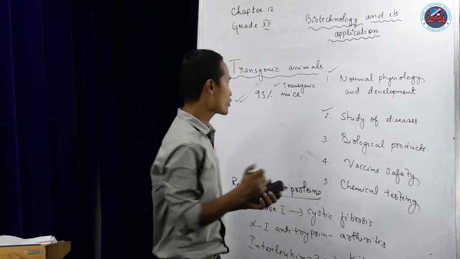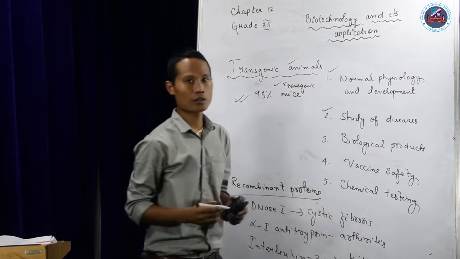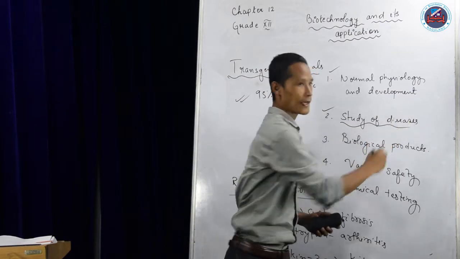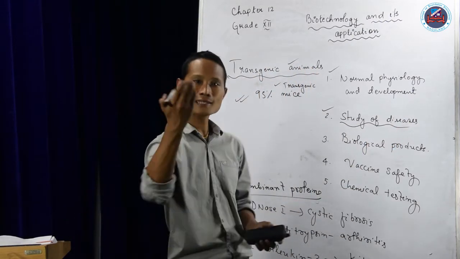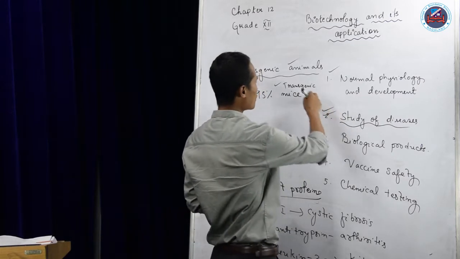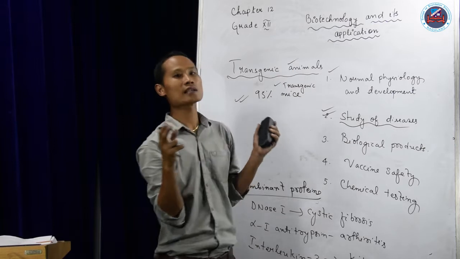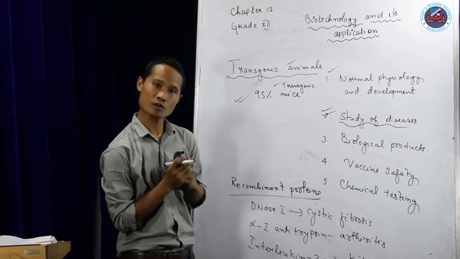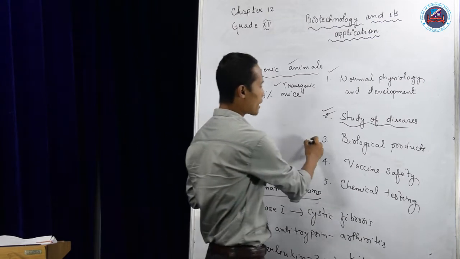So we need transgenic animals to study diseases like arthritis and cystic fibrosis. A transgenic animal can be used as a model to study the diseases of human beings.